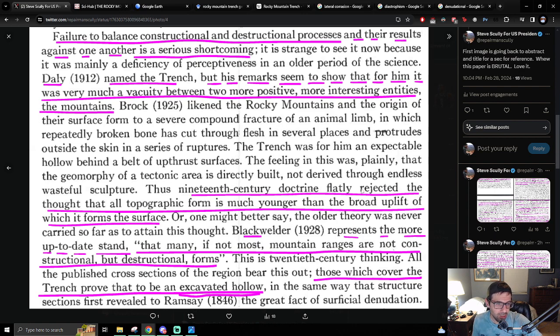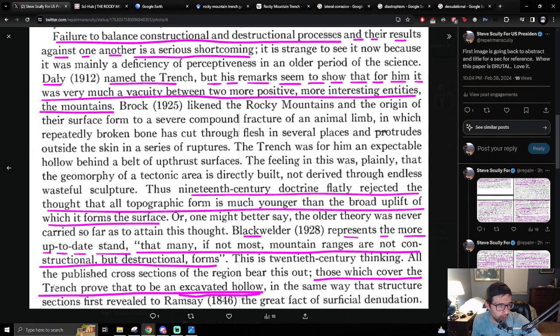Late 19th century doctrine flatly rejected the thought that all topographic form is much younger than the broad uplift of which it forms a surface. And you can read that, I didn't. Blackwelder represents the more up-to-date stand that many, if not most, mountain ranges are not constructional, but destructional forms. This is the 20th century thinking.